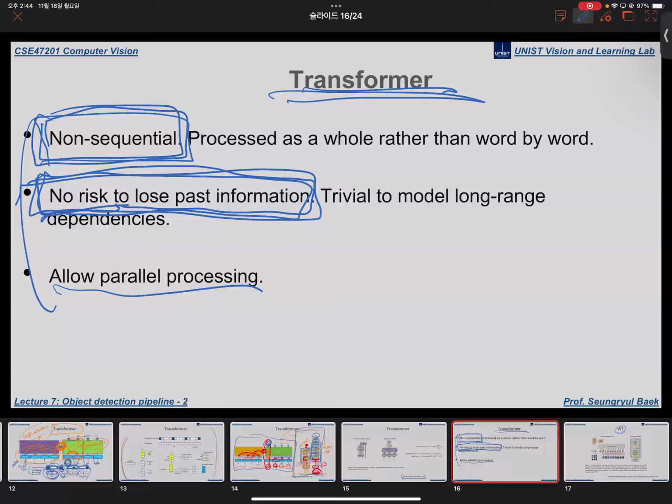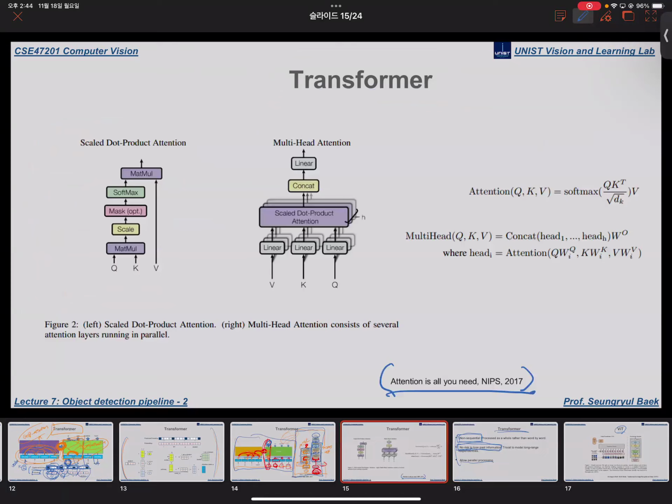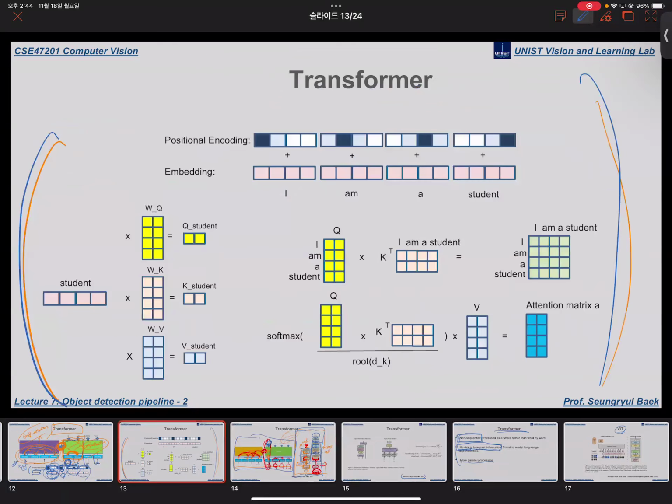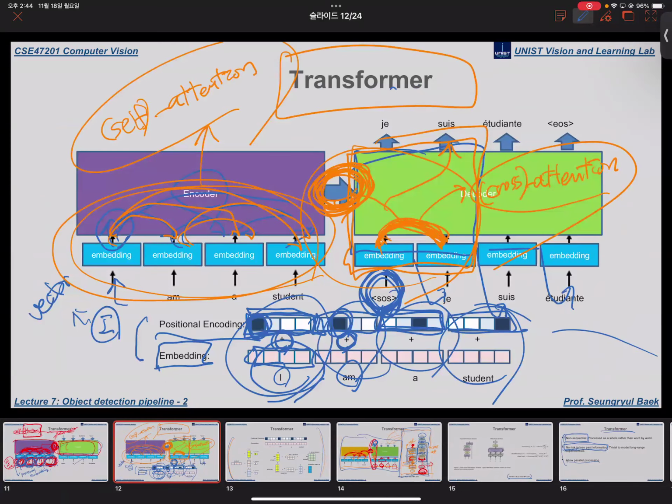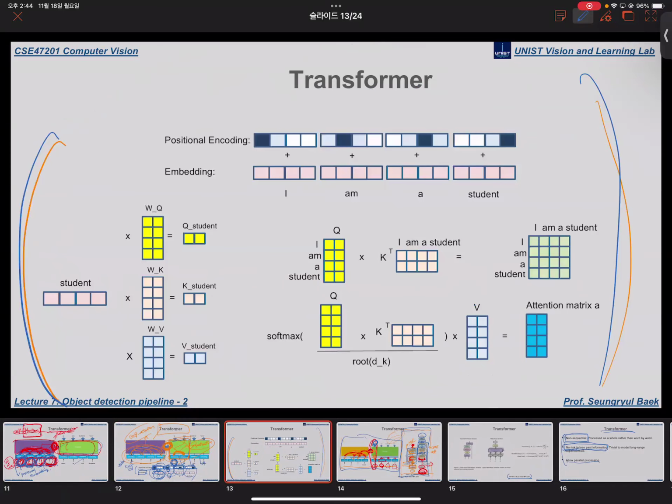So the transformer in that sense is more robust than the previous sequential methods, and it can also process in parallel. That could also be more efficient than the sequential models. And now I may have to introduce the real attention mechanism.